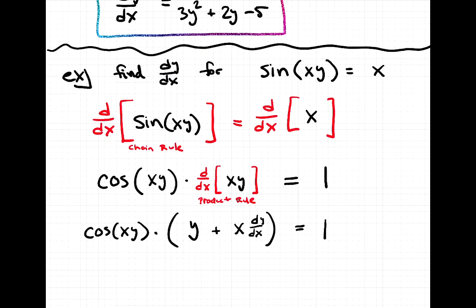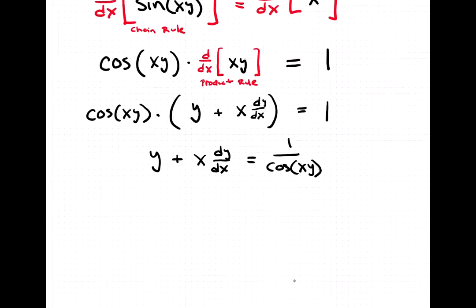Okay, so now we've got to solve for the dy over dx. So let's divide both sides by cosine of xy. And the 1 over the cosine function is the secant function, so we could get rid of that fraction by just writing secant of xy.